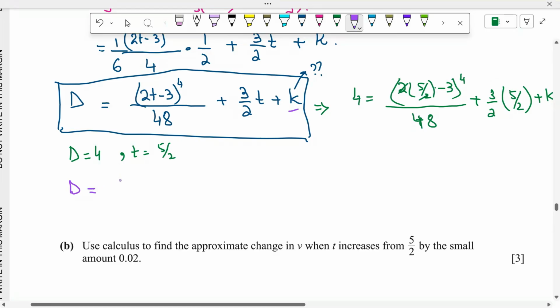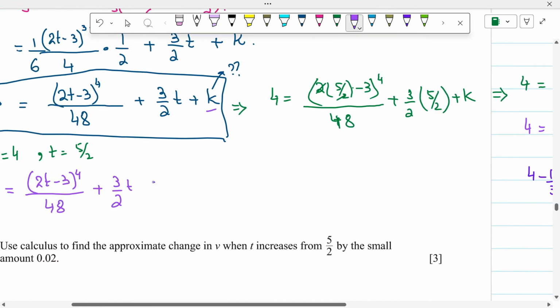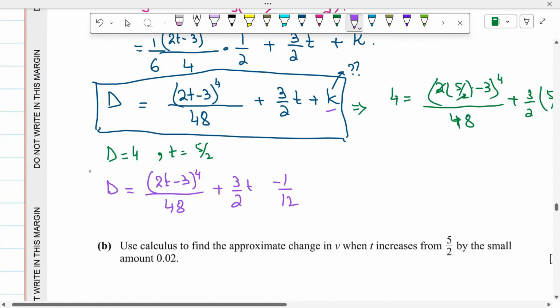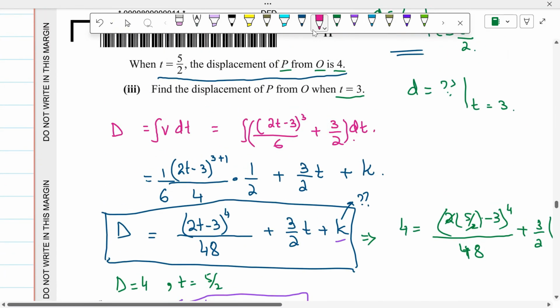So the displacement is (2t minus 3) whole power 4 over 48 plus 3 over 2 t plus k, which is negative 1 over 12. This is the equation of the displacement. Now we need to find the displacement when t is equal to 3.